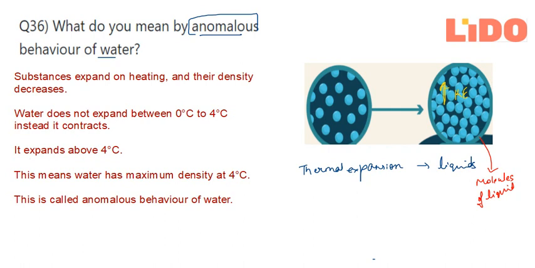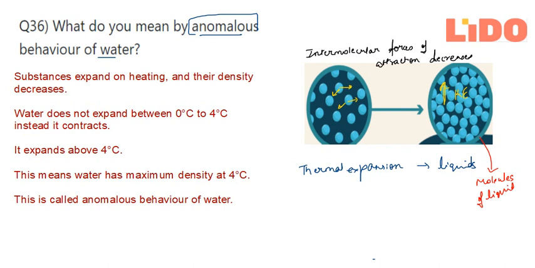So let me write that down: intermolecular forces of attraction start decreasing. As a result, the molecules will start moving farther away from each other, as in this case. So they start moving farther away from each other, therefore the liquid expands, right?